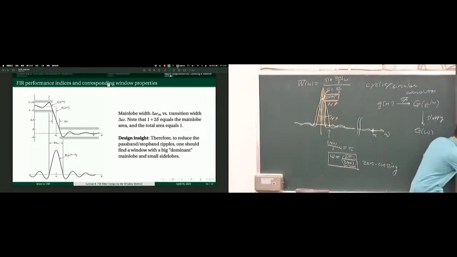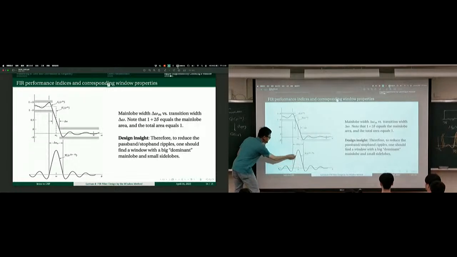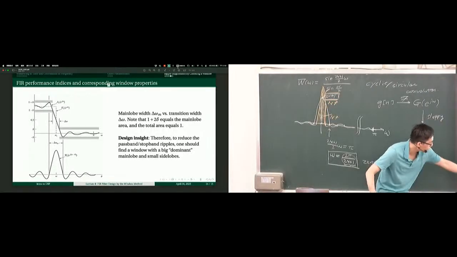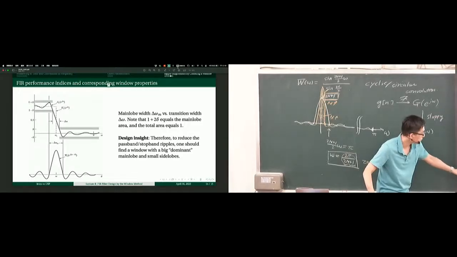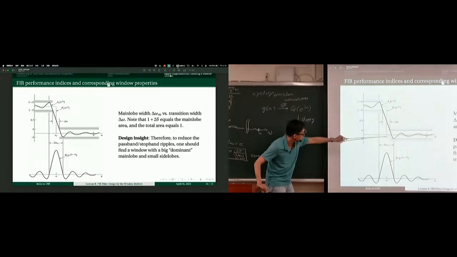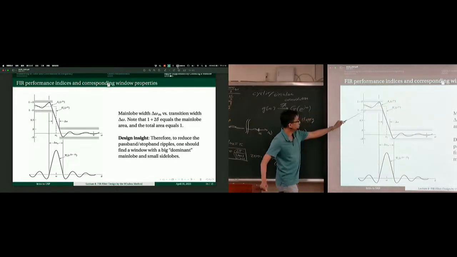Can I draw on this? When the entire main lobe moves right here, when the entire main lobe just moves inside the passband, I'm drawing a curve, we get the tallest peak.